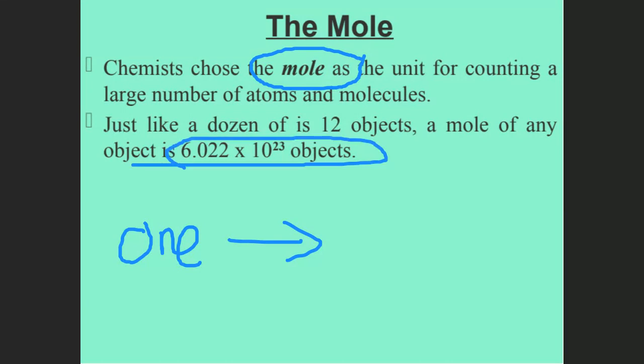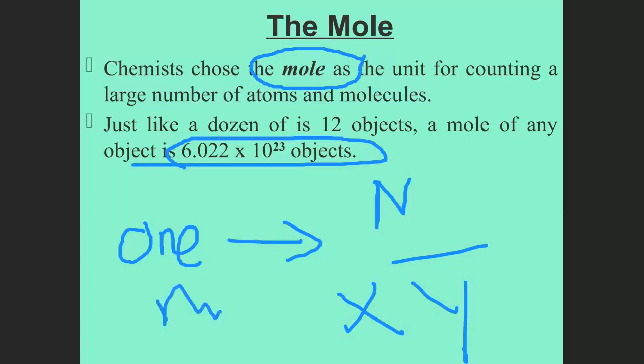That time we will say this is 1 mole oxygen, 1 mole nitrogen, 1 mole X, 1 mole Y, 1 mole magnesium, like that. And where do we get the 1 mole information? You remember the balancing of chemical reactions, the coefficient number. The coefficient number represents a mole.